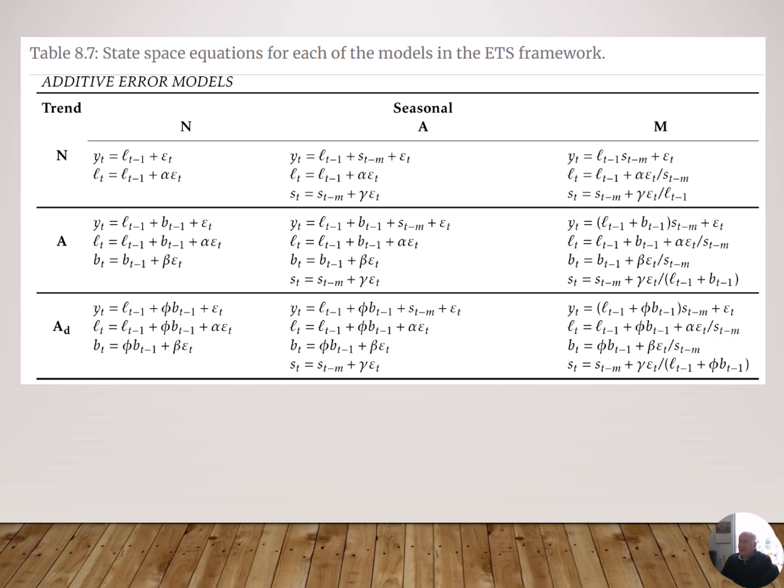So just to pull everything together, we have a bunch of models, right? And we have this SES model or ETS model, and what we can do is set it up so that we can use either trend or seasonality or noise, and all of these can be either additive or multiplicative.